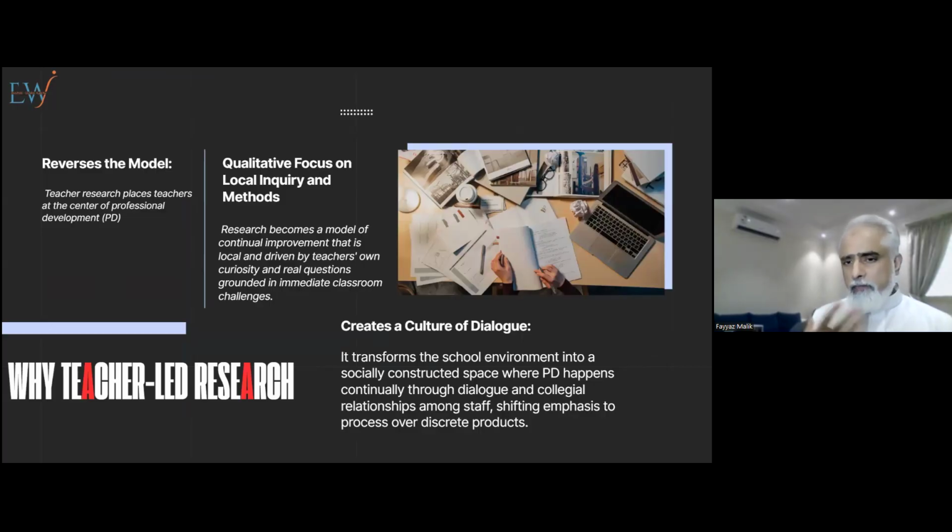So, building upon our argument, why do we need that? Because research reverses the model. Teacher research places teachers at the center of professional development.